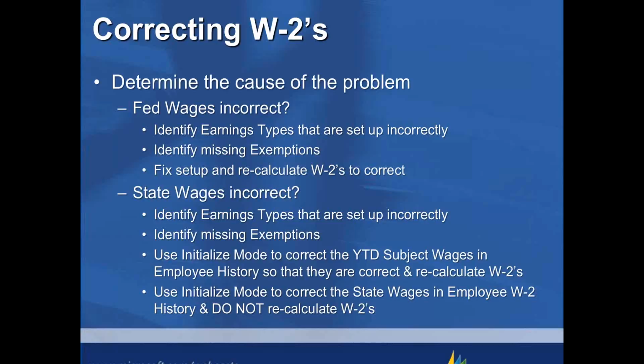In this case, use initialize mode to correct the year-to-date subject wages in the history so they are correct, and then recalculate W-2s. Also, you can use initialize mode to correct the state wages in employee W-2 history and do not recalculate W-2s.